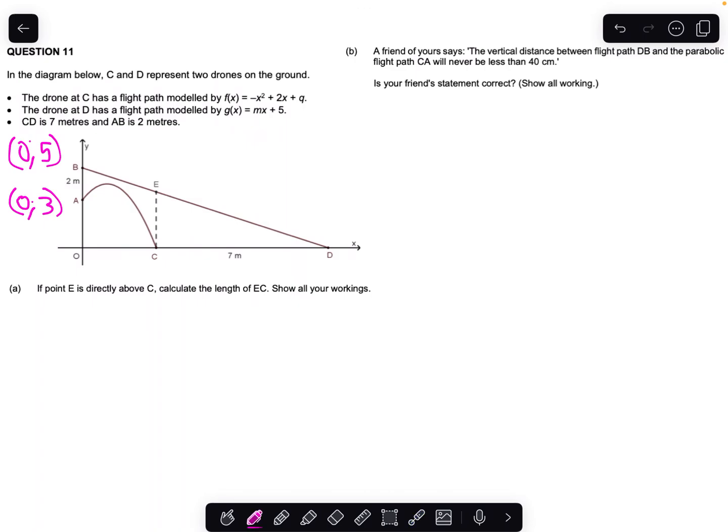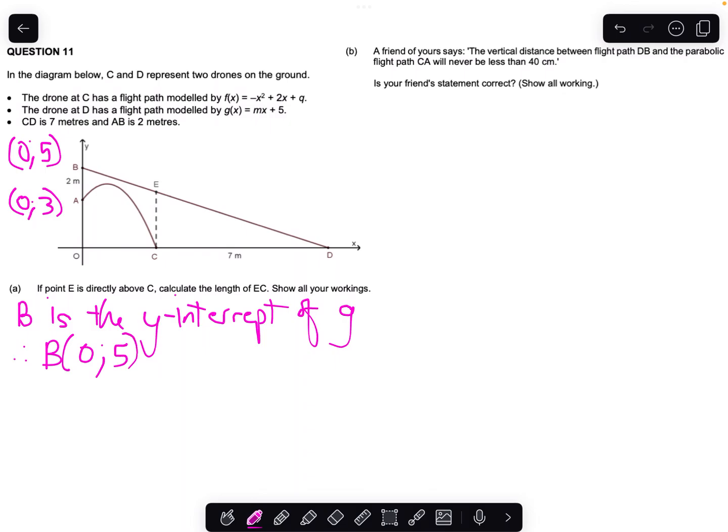Okay, so first and foremost, B is the y-intercept of g, therefore its coordinates are 0, 5.